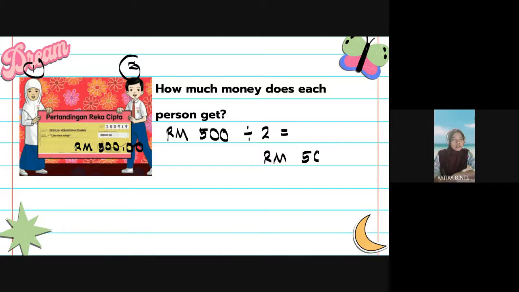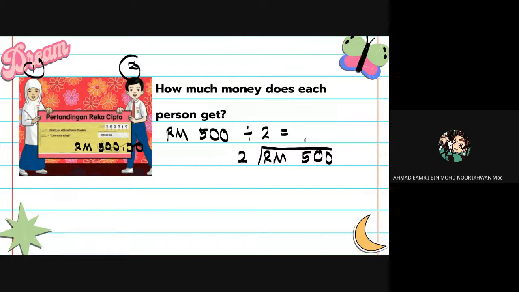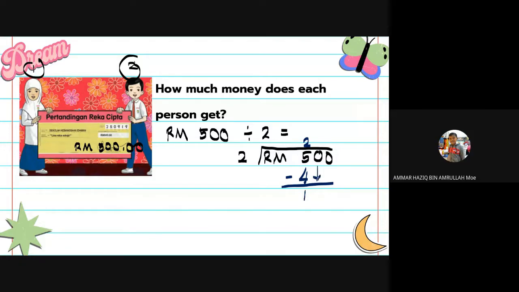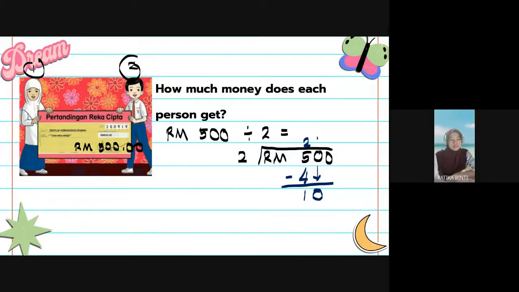Okay, 500 divide by 2. I'm not going to draw the tulang ikan. Kalau awak nak guna tulang ikan, you need to do it by yourself. Okay. So 5 divide by 2. Berapa sini? 2. 2 times 2 is 4. Minus 5 minus 4 is 1. And then you bring down 0, 10. 10 divide by 2 is?